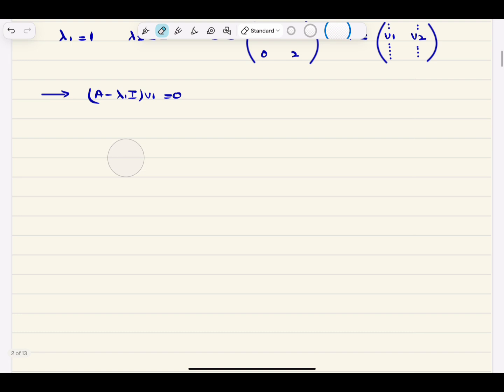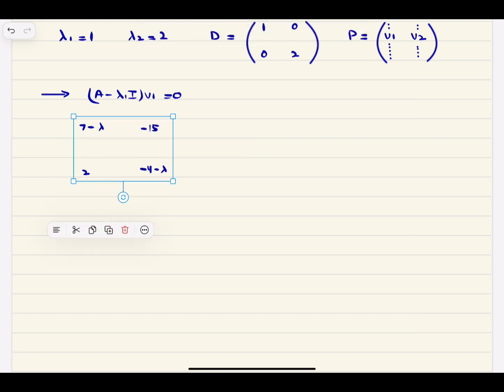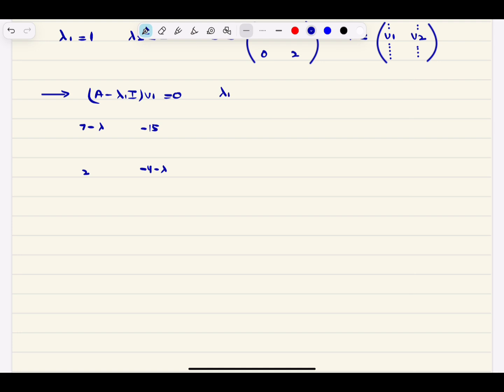So let's start doing it. The value of lambda in this scenario is 1, and I want to solve this equation. I'll just write v1 as x, y, and I'll write 0, 0 here.